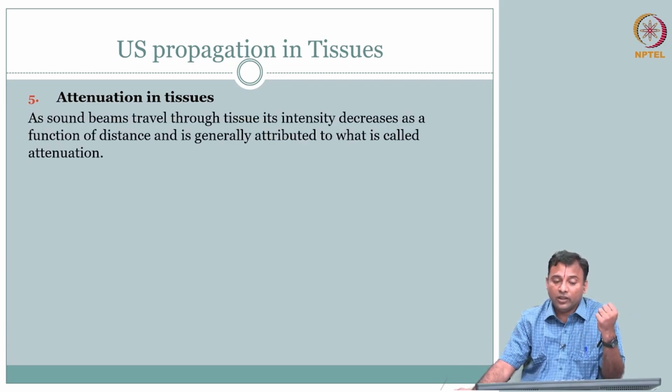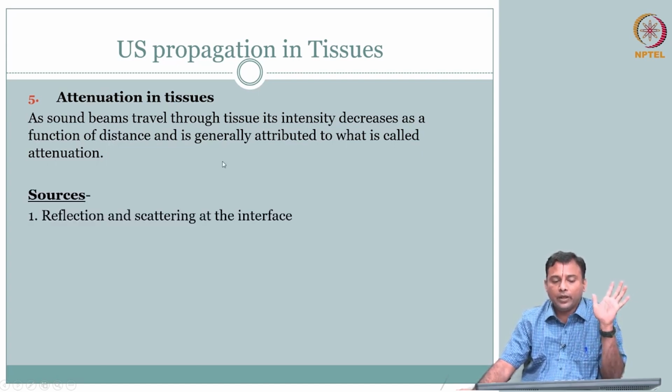Absorption. So as a sound beam travels through the tissue, its intensity decreases as a function of distance. We do not care about what it is, there is a loss, and this we call attenuation. What are the sources of the loss? Reflection and scattering at the interface.